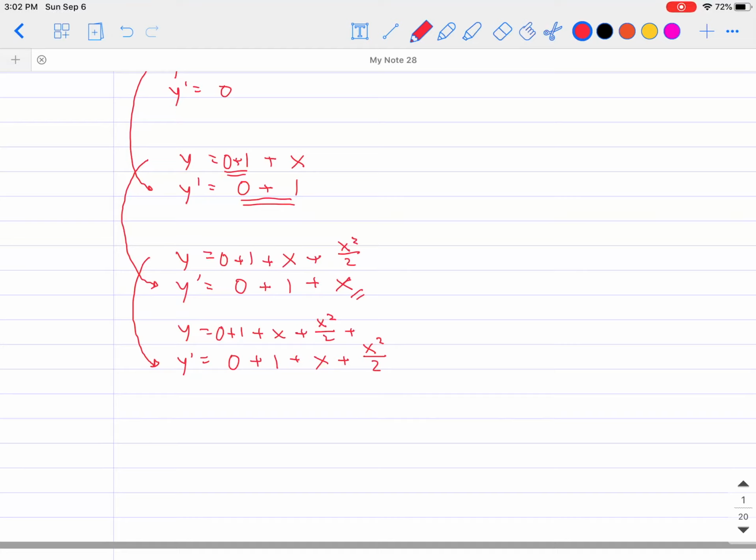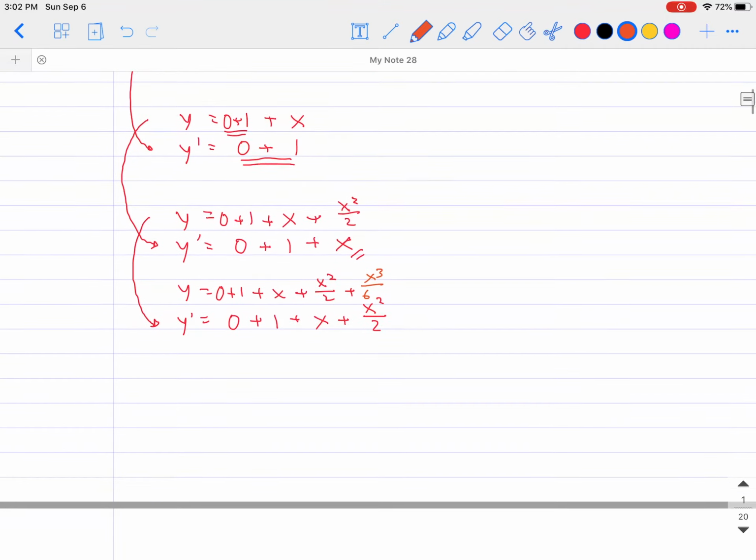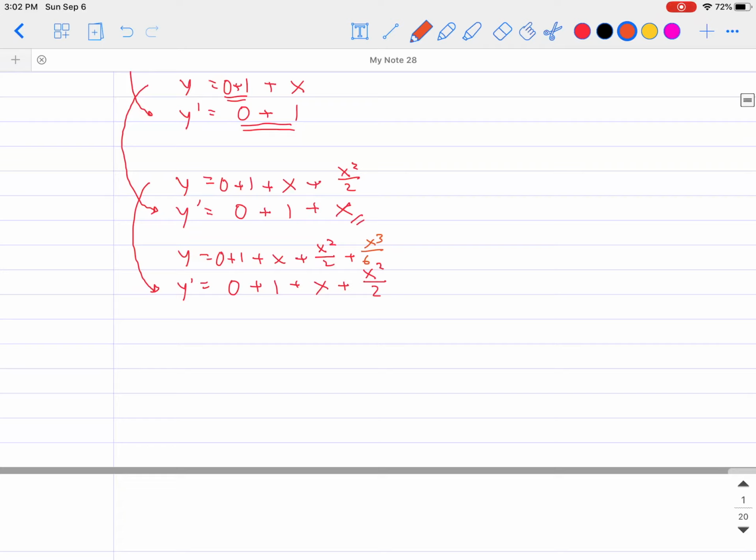Now the teacher has to say, what do I have to add on to compensate for the x squared divided by 2 that would be in the derivative? Meaning, what function, when I take the derivative, will give me x squared over 2? Well, the next part is going to be x to the third divided by 6, because by the power rule, that's what's going to give you x squared over 2.